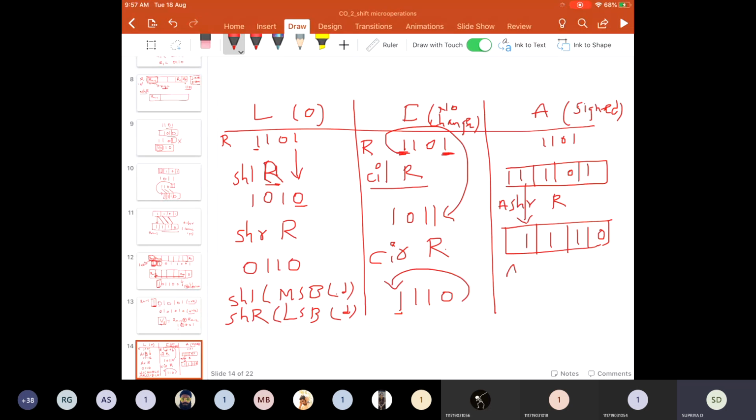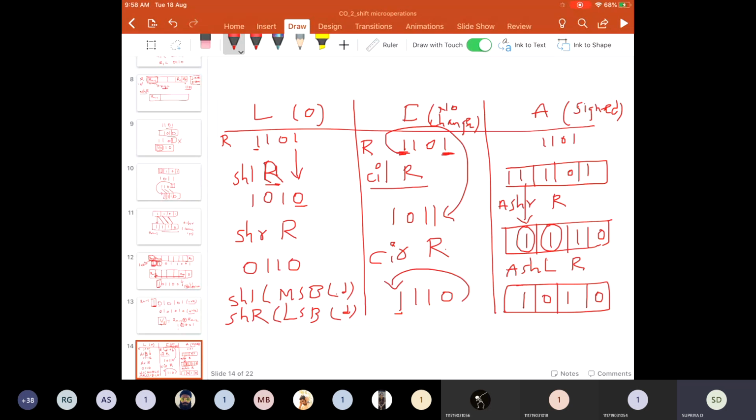For arithmetic shift left operation, a 0 will be inserted in the least significant position and the same logical shift left operation will be performed. 101. Check if R minus 1 and R minus 2 have the same sign in the given data.